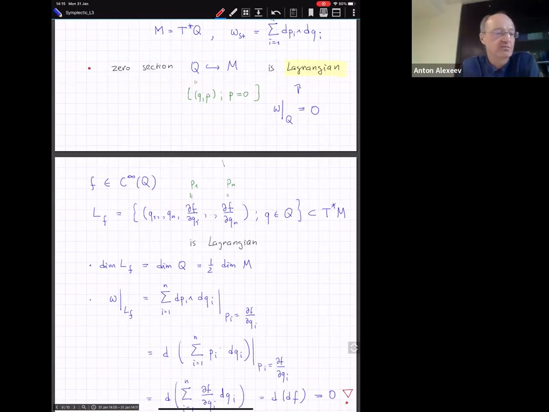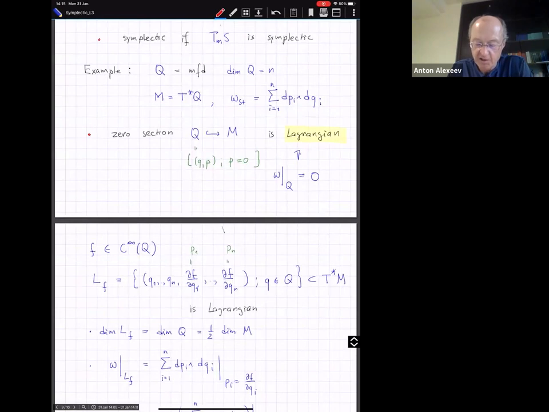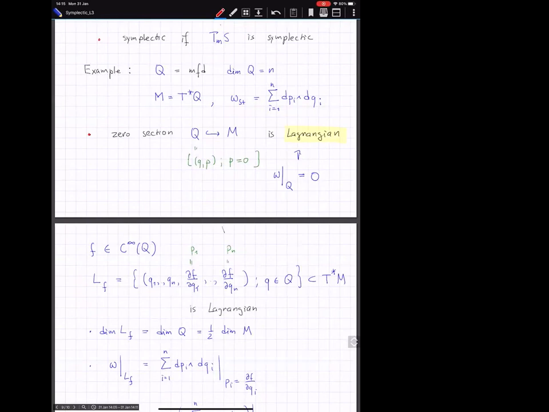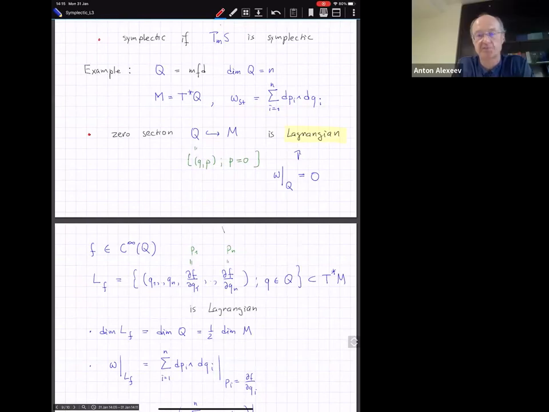Okay, maybe it depends a little bit on your. Yeah, sure. Take any cotangent fiber, so fix q. It looks like a Lagrangian submanifold.